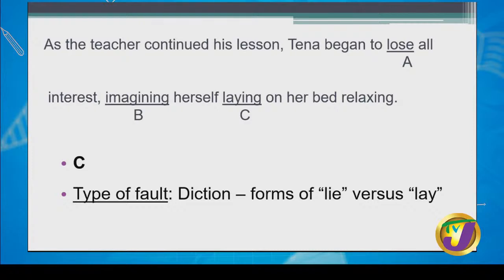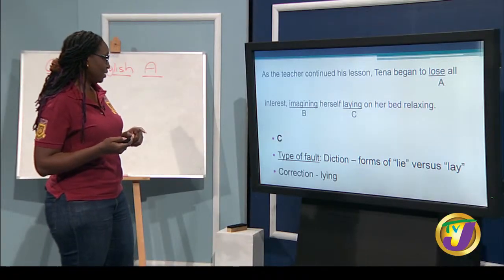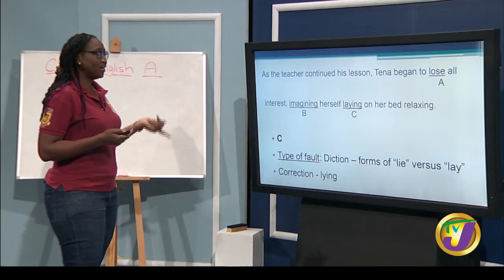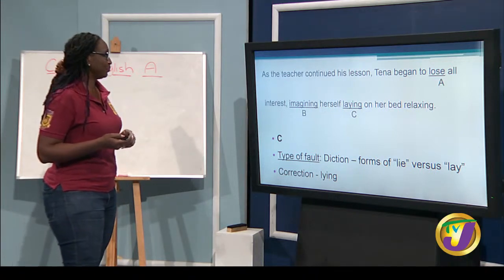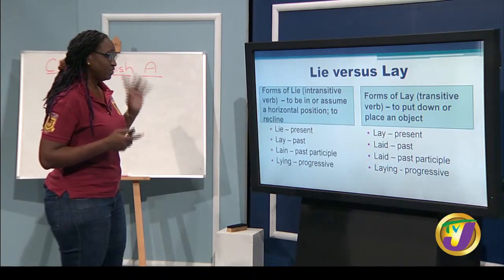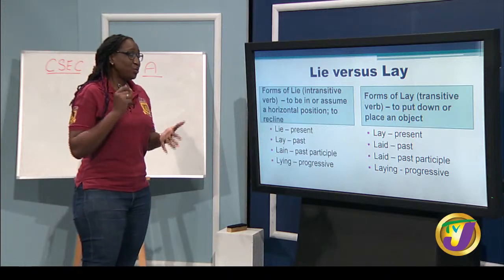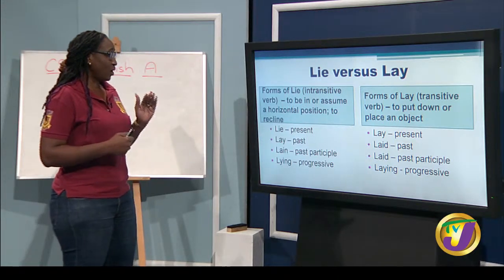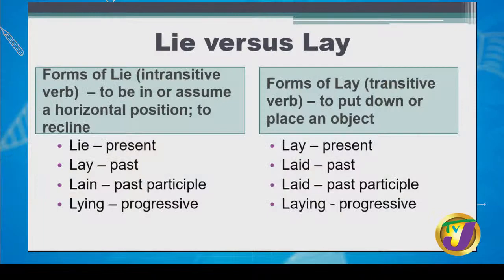Now, to help you to not make this mistake again, let's have a look at when to use lie and when to use lay. So, forms of lie. You use lie when you are going to express something that is in or assuming a horizontal position, meaning something lies somewhere. So you lie on the bed, you lie on the ground.